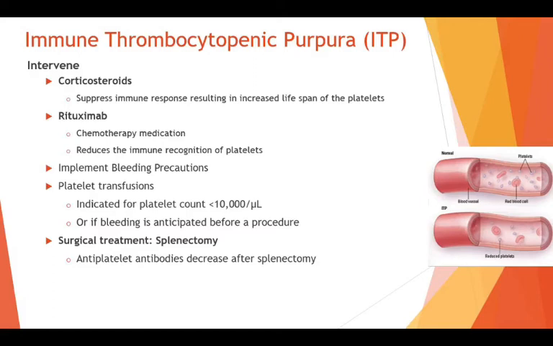The antibodies are carried on your B and T cell lymphocytes, the white blood cells that are responsible for immunity. If you remove the spleen, it will decrease the amount of antibody-producing white blood cells that are there, and they could reduce the number of attacks on the platelets.